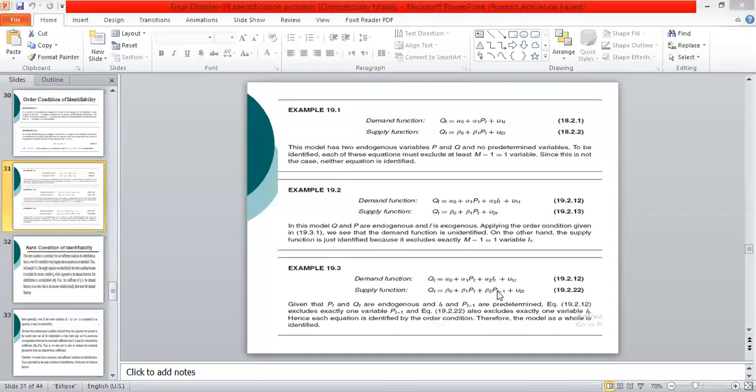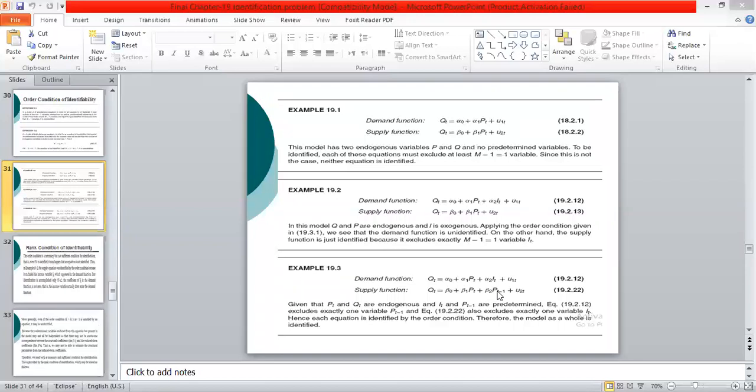So get the information of the equation. Small m equal to 2 here, because in the given equation we have two endogenous variables, quantity and price. Small k equal to 1 here, because in the demand equation we have only one predetermined variable, that is I. So place this value into the formula. K minus k greater than or equal to m minus 1.